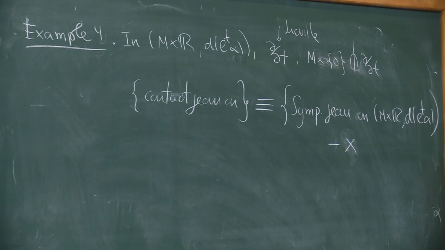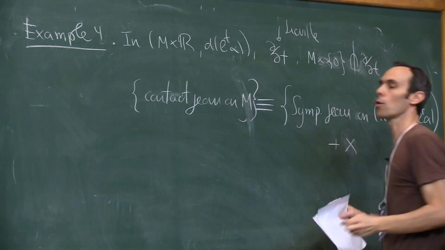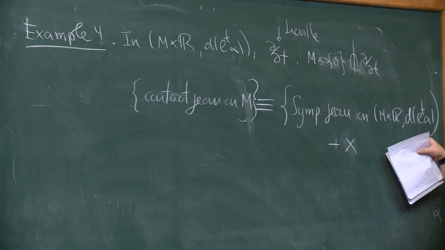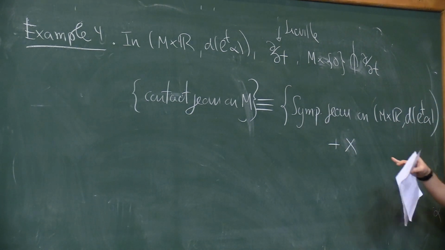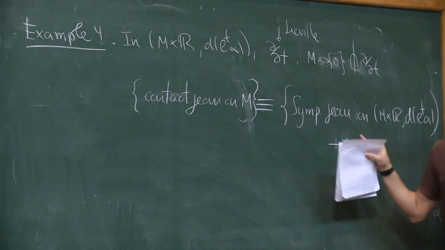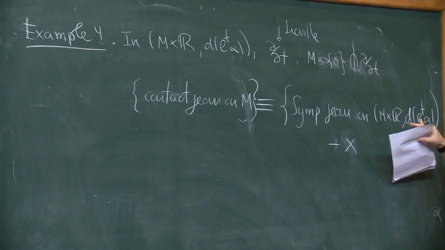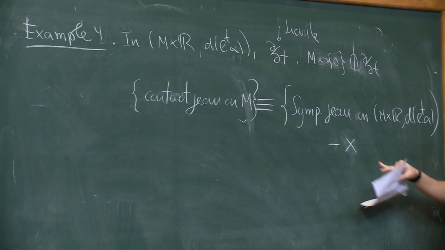Now, you shouldn't think that, after all, contact geometry is just a subset of symplectic geometry. This is not quite the case, because if you want to do contact topology on compact manifolds, when you do the symplectization, you get a non-compact manifold. On a non-compact manifold, symplectic methods compatible with the Liouville vector fields in general do not exist.